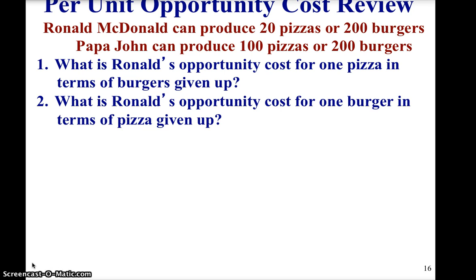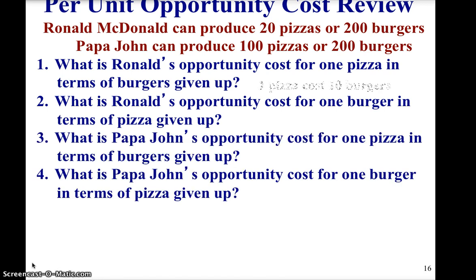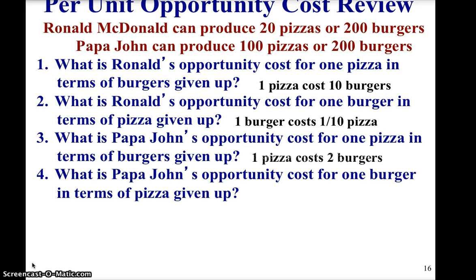Well, again, you do the division, and you can figure that out. I'm going to actually put these up here and let you pause the video and try these for yourself. So if you're doing them right, you can see that 1 pizza costs 10 burgers for Ronald. 1 burger costs 1/10 of a pizza if you divide the other way. And for Papa John, 1 pizza only costs him 2 burgers, and a burger costs him half of a pizza.